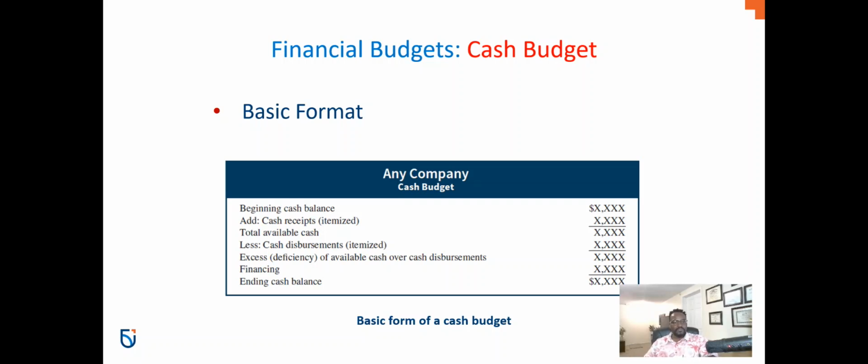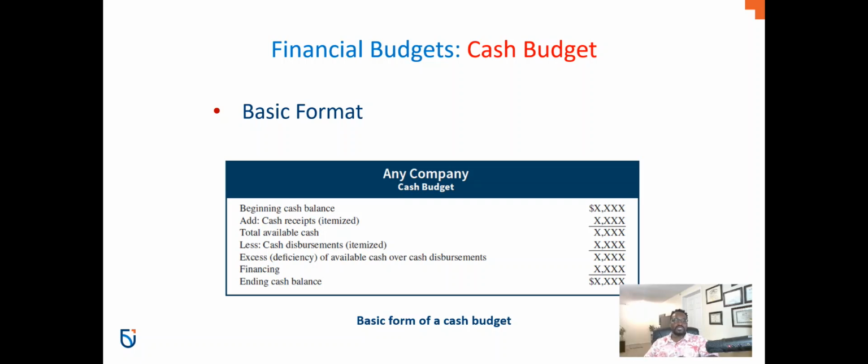And then once you subtract those, you will know if the company has excess cash or if there's a deficiency. If there's excess cash, then the company is doing okay. If there's deficiency, that points out the need for the company to go and borrow funds from the bank so that they can continue with their business.